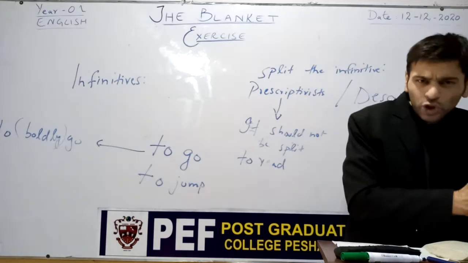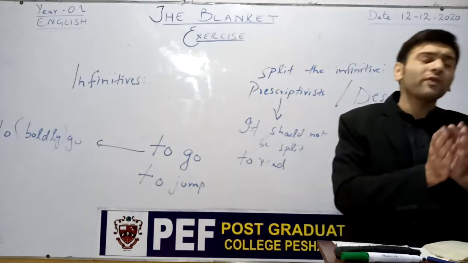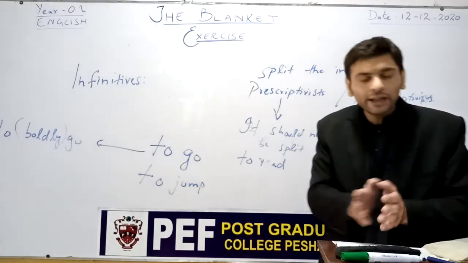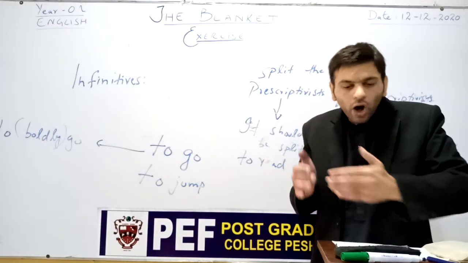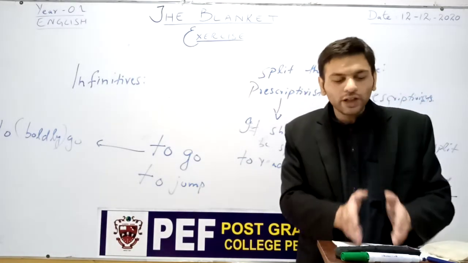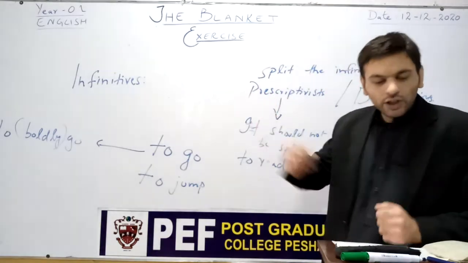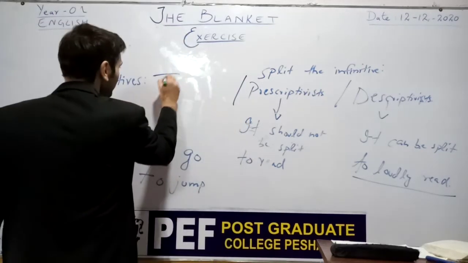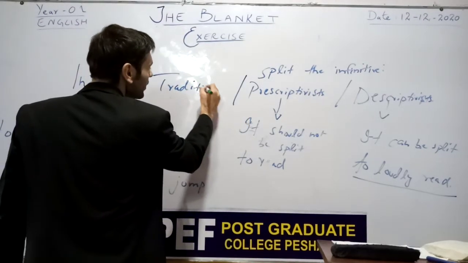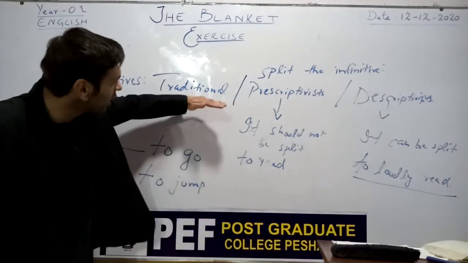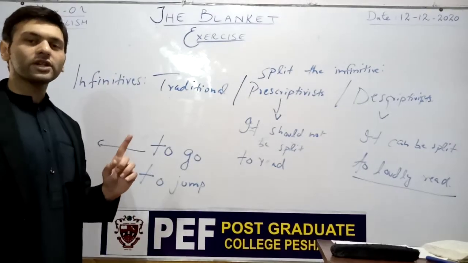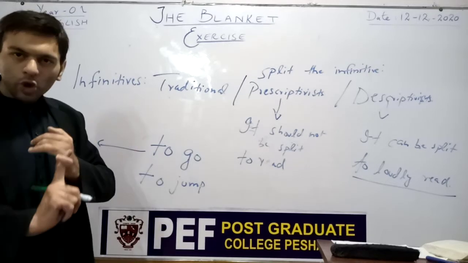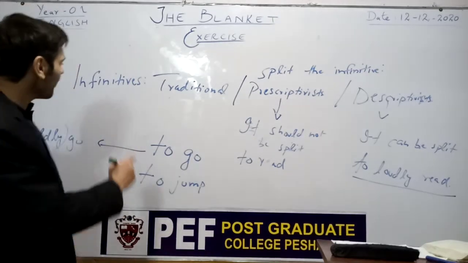अगर आप ग्रामर की बुक्स को देखें, if you look at the books of grammar, if you look at the books of other grammarians, Wren and Martin, or Dogra's book, and Indian authors' books, all these books refer to the same prescriptivist, मैं इसके साथ लिख भी देता हूं, traditional school of thought, traditional grammar. So we are following which grammar? We are following traditional grammar. So what is traditional grammar stating? It is stating that infinitive is to plus first form of verb.